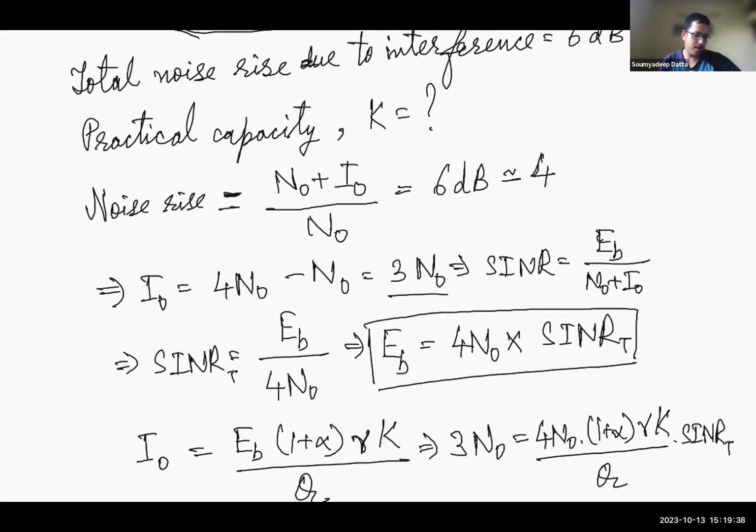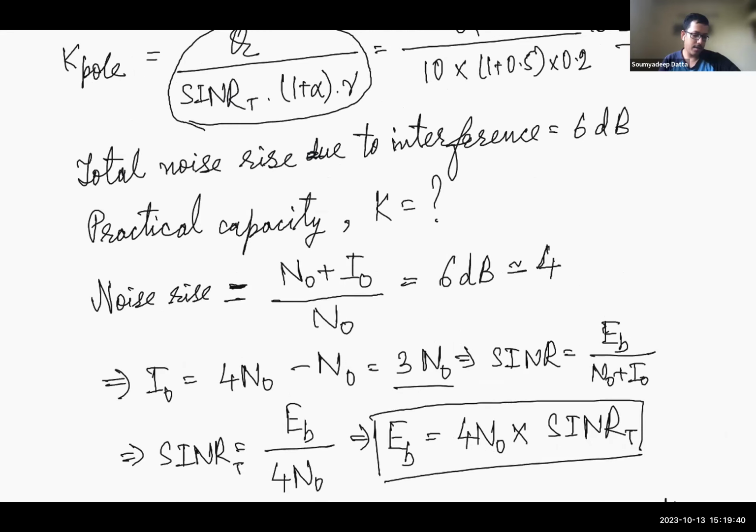Because of interference, you have 6 dB noise rise. That is from where you calculate your I0. Noise rise is this factor, N0 plus I0 divided by N0. So that is 4. From there you calculate I0 equal to 3 N0. For different values you can calculate.